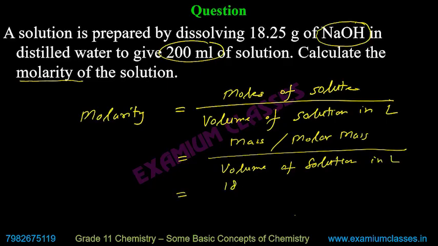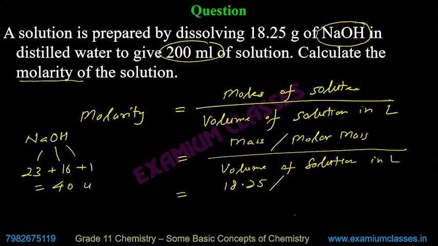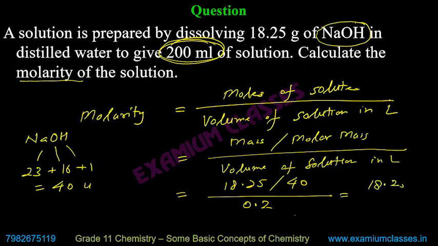Given mass is 18.25 and molar mass of NaOH is sodium 23 plus oxygen 16 plus hydrogen 1, that is 40, divided by 40, divided by volume of solution in liters. Means 200 milliliters you need to convert to liter, so you divide it by 1000, so 0.2 liter. It means it will be 18.25 divided by 8.